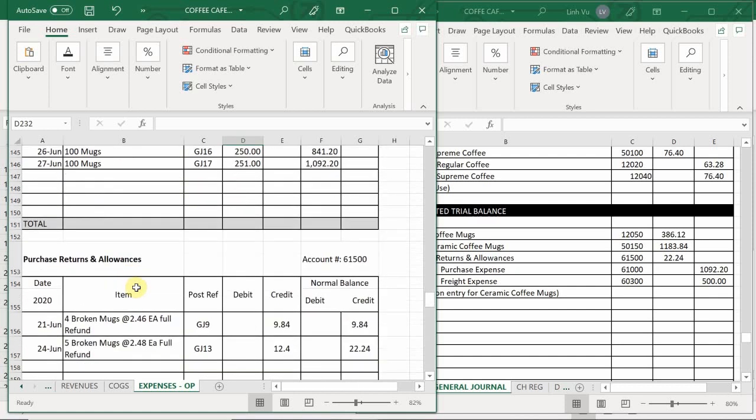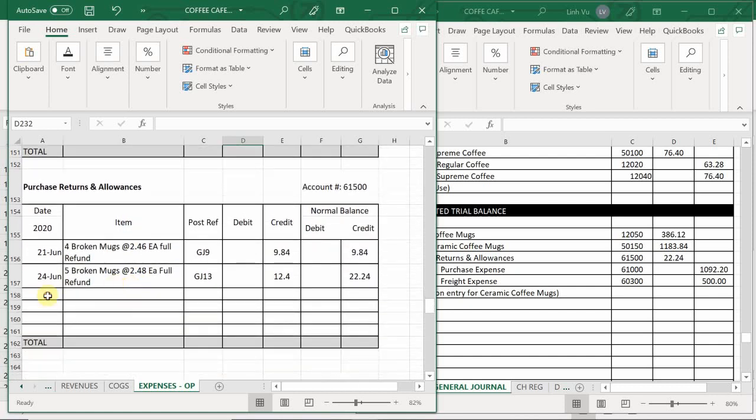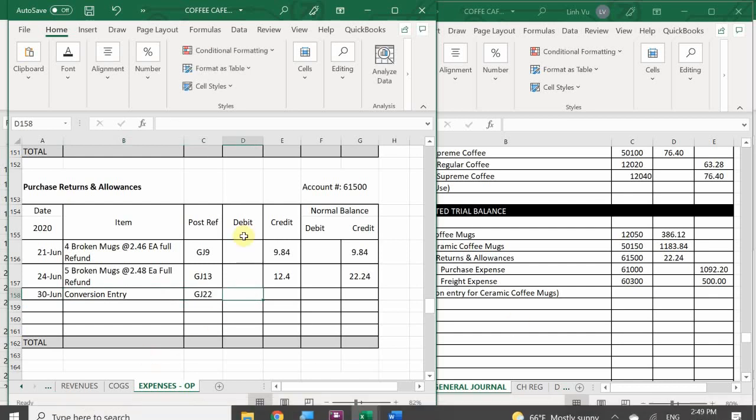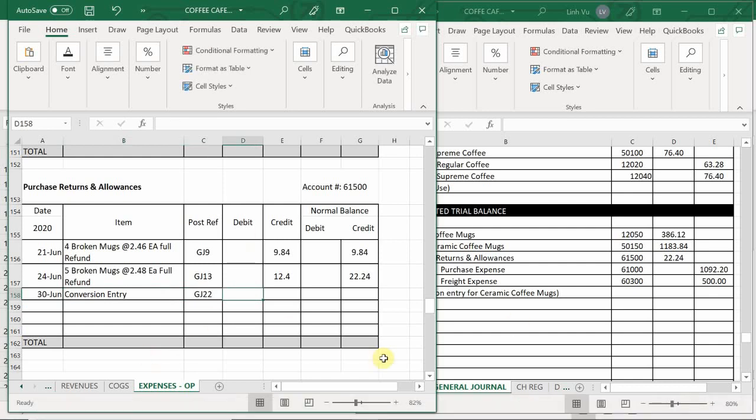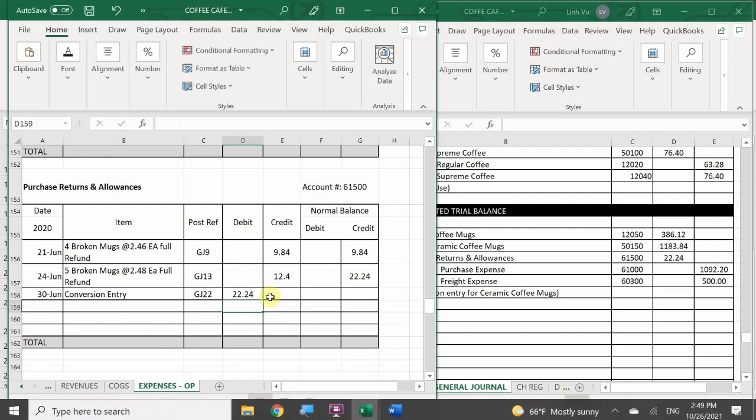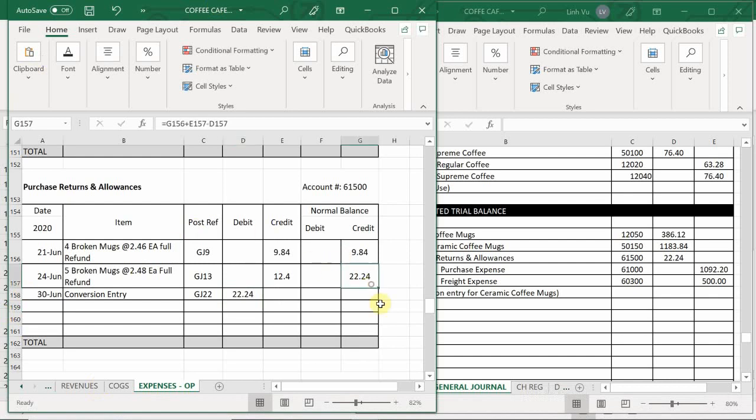Allowances. Shoot, I hate this word. No worries. So we have 9 coffee mugs. Now we close the account, no? We're closing the account. So in this case, we are going to debit $22.24. So then this account becomes 0.